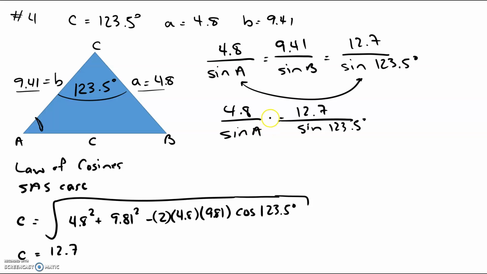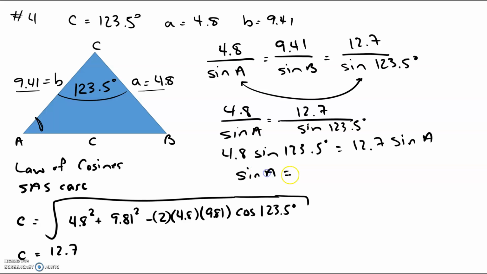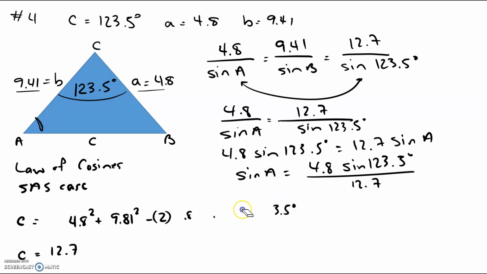Then I'm going to set these two equations up to each other and cross multiply. We've got 4.8 sine of 123.5 is equal to 12.7 times sine of A. So sine of A would be 4.8 times sine of 123.5 divided by 12.7.